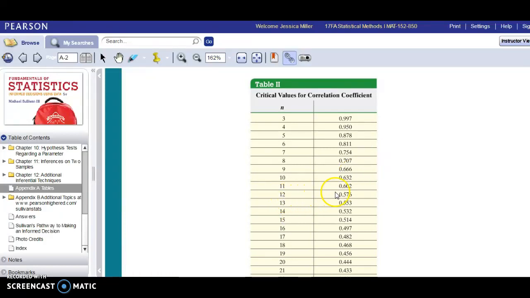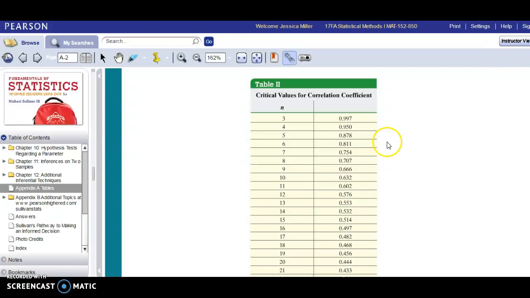What this value, 0.576, is telling us is that as long as my r is greater than that, or less than negative 0.576 if it were negative, I'm good to go. So that 0.704 definitely exceeds this value, and we can say a linear relationship does exist.